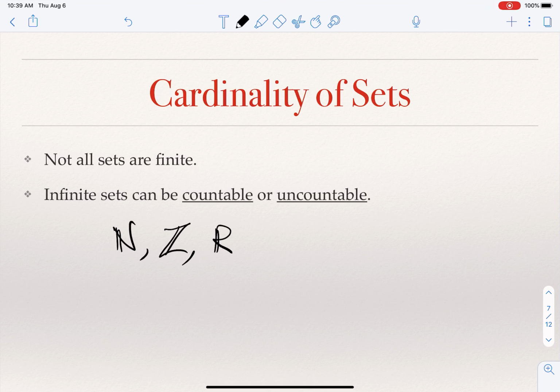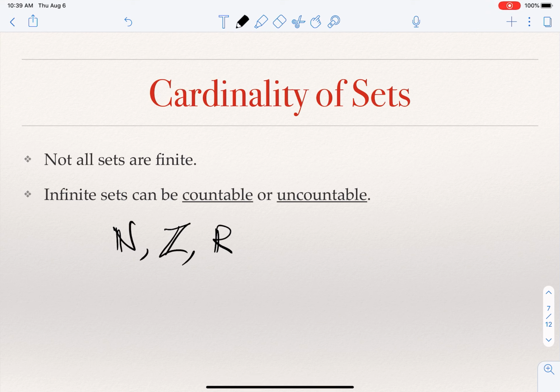Because, for example, the sets N and Z, the natural numbers and the integers, we call these countable sets, in the sense that we can enumerate their elements, right? If someone asks you to enumerate the elements of the natural numbers, you say, yes, I know how to enumerate them. It's 0, 1, 2, 3, 4, 5, and you're not going to miss any element like that.